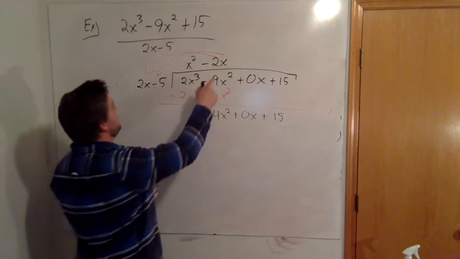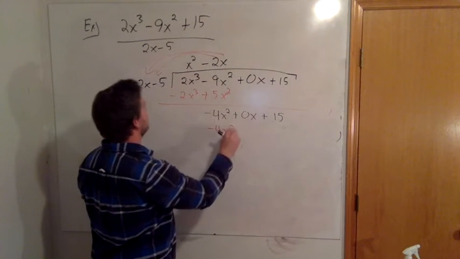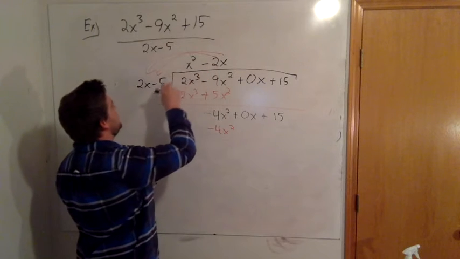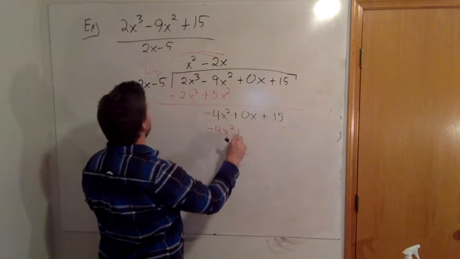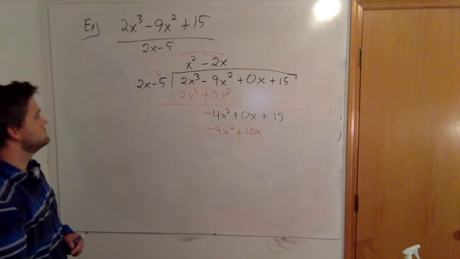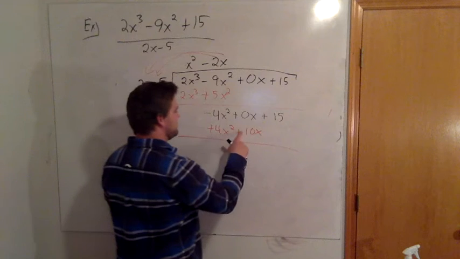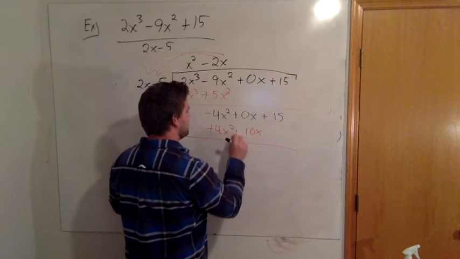So we should get, what are we going to get? We're going to get a negative 4x squared, and then we're going to get a positive 10x. And we'll subtract. But by subtracting, I'm just going to flip all the signs.